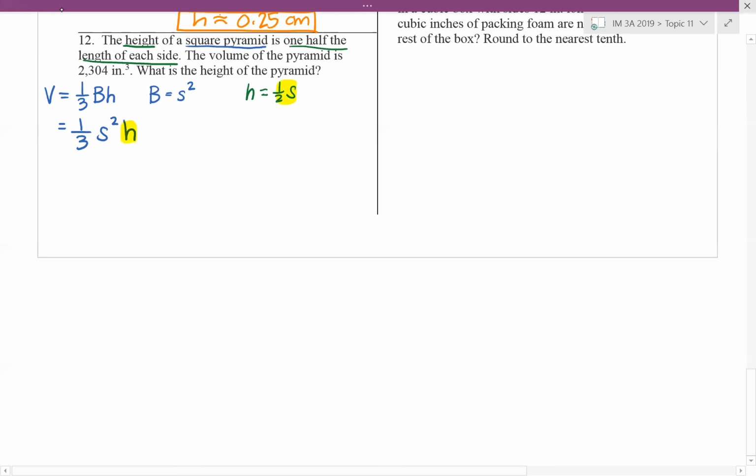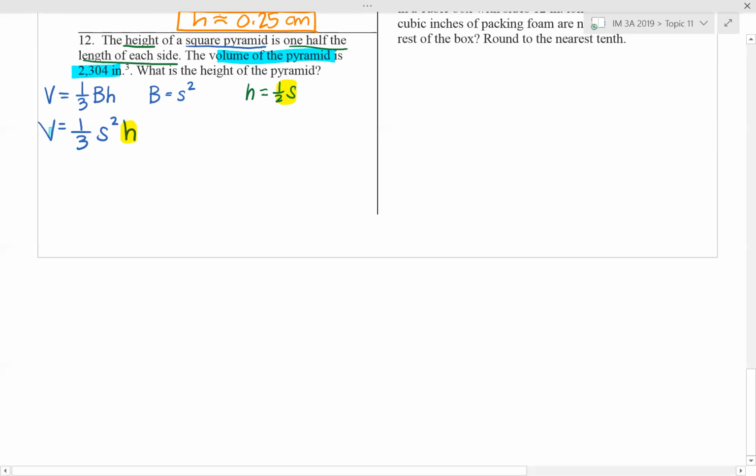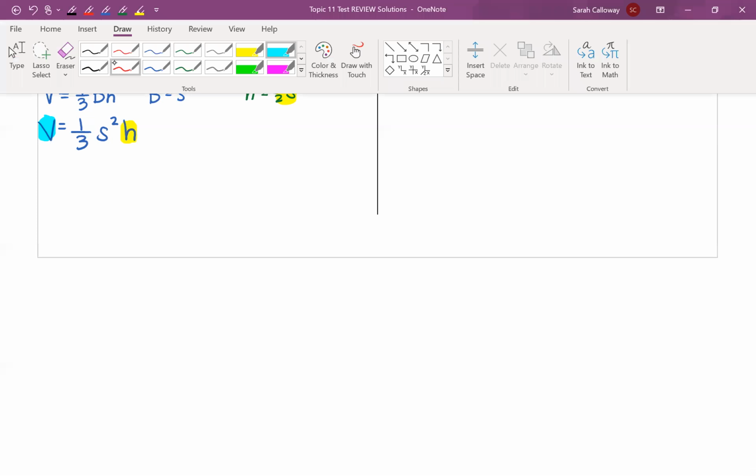And then they've given us a value also for the volume. So they said that the volume of the pyramid, so we can plug in that number for the volume. So we're going to use this equation, and then we have to figure out s to then find the height of the pyramid.